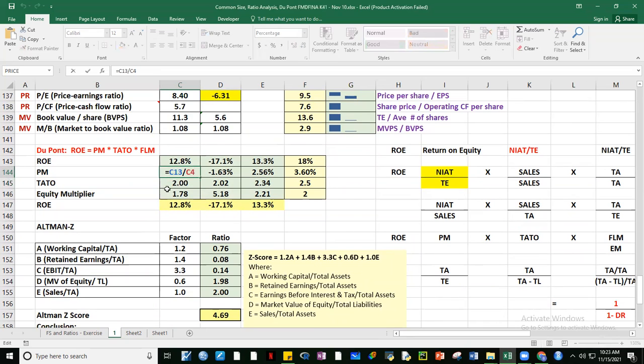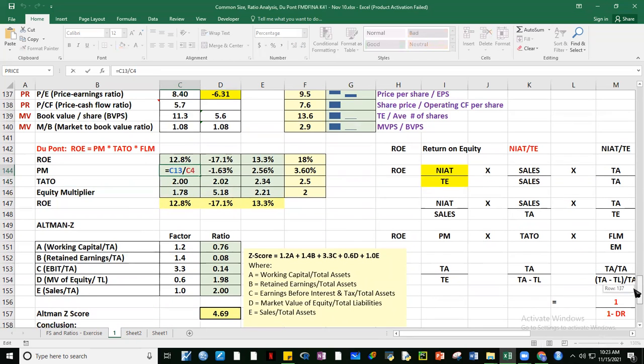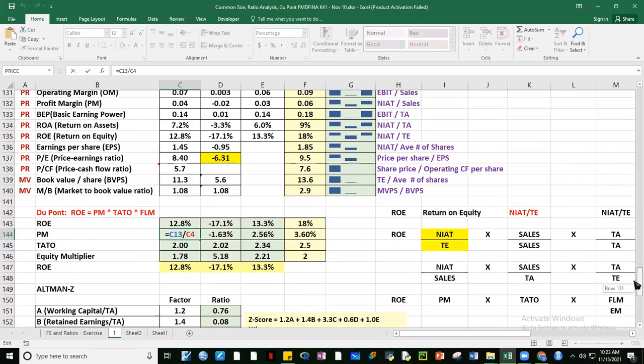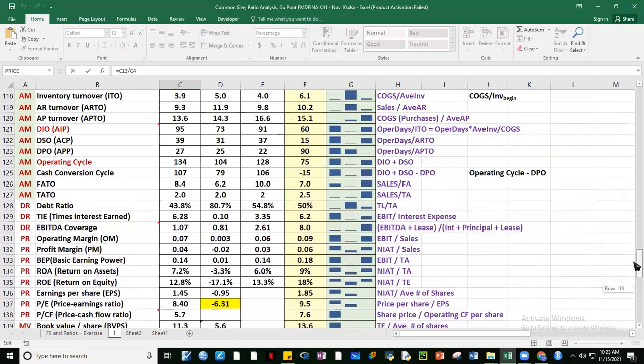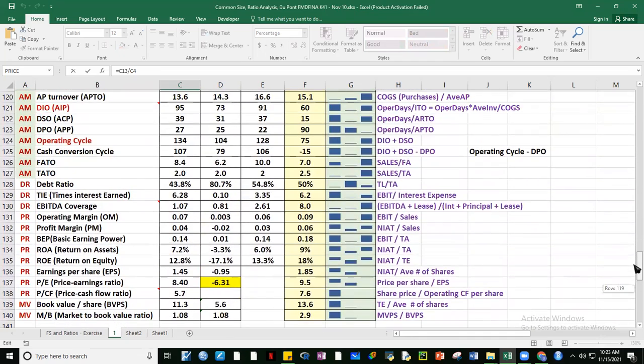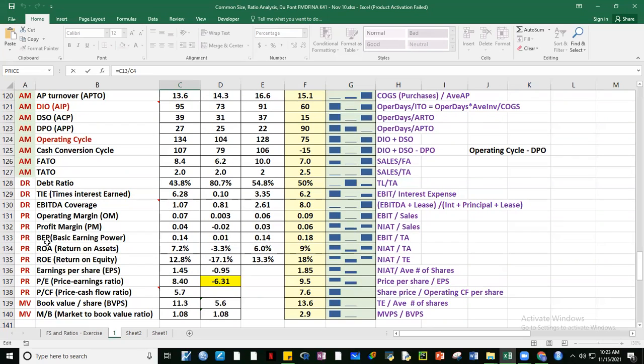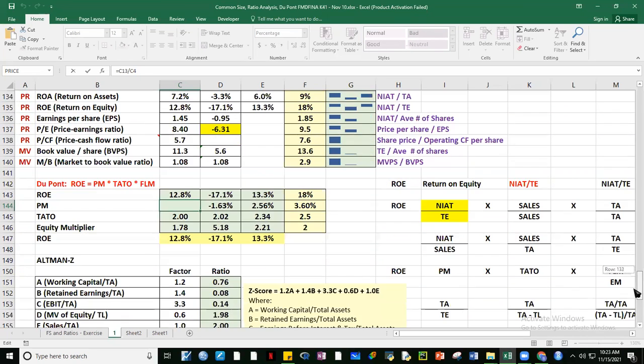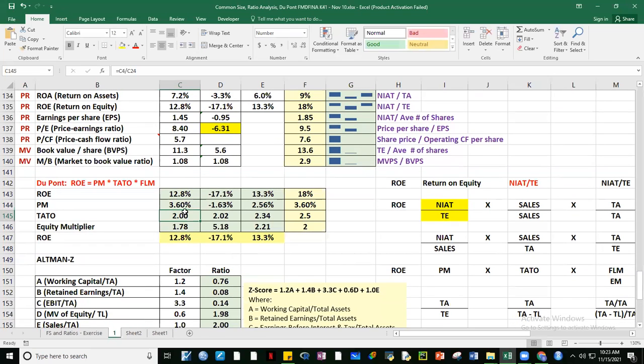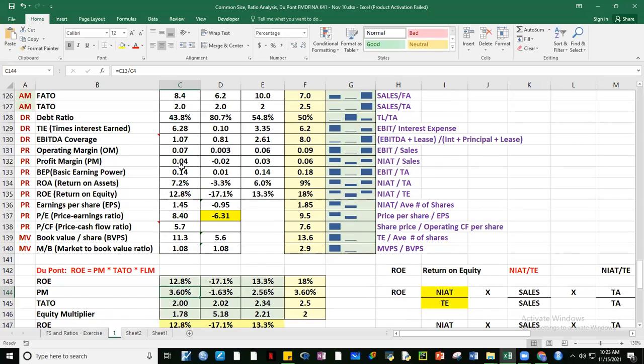Okay, so this is your profitability margin. We know that, we already got it above. In fact, we have it here. Here is our profitability margin, 0.04. Or we can just write the formula, C13. It's 0.04 because if we increase the decimal, that's actually 3.6%.